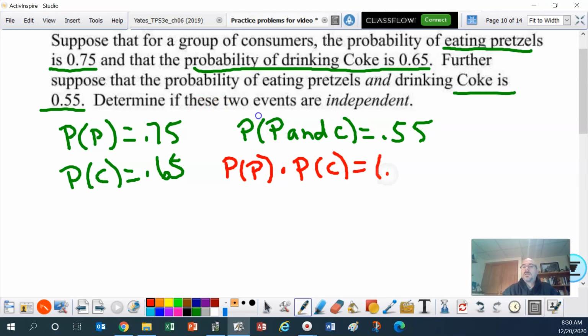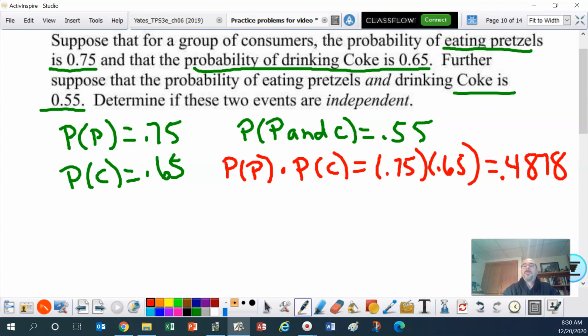So that would be 0.75 times 0.65. And what I get when I multiply them is 0.4878.